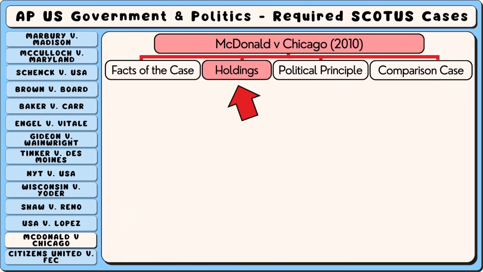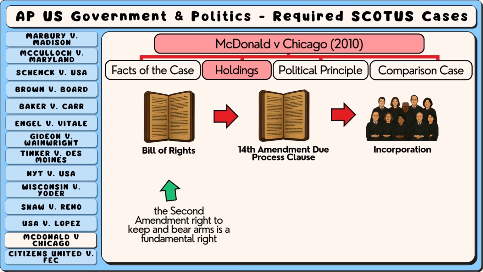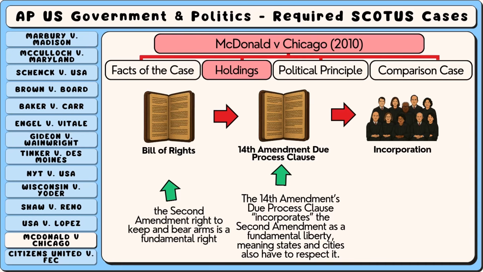So let's look at the court's holdings. The court ruled that the Second Amendment right to keep and bear arms is a fundamental right that is deeply rooted in American history and tradition. Because of this, the court held that the 14th Amendment's Due Process Clause incorporates the Second Amendment as a fundamental liberty, meaning states and cities also had to respect it.